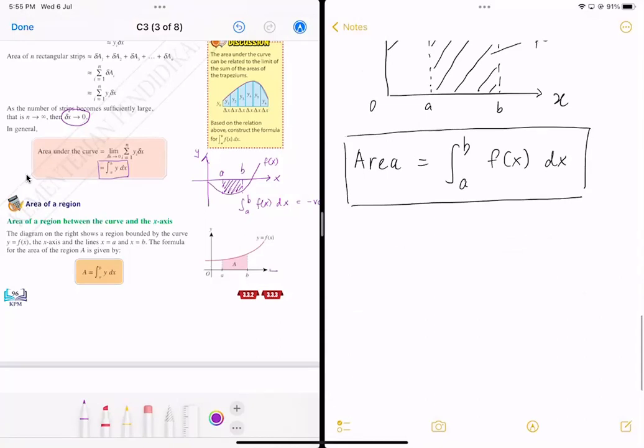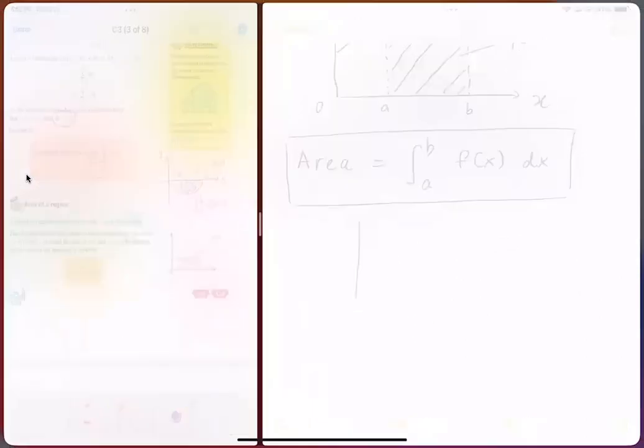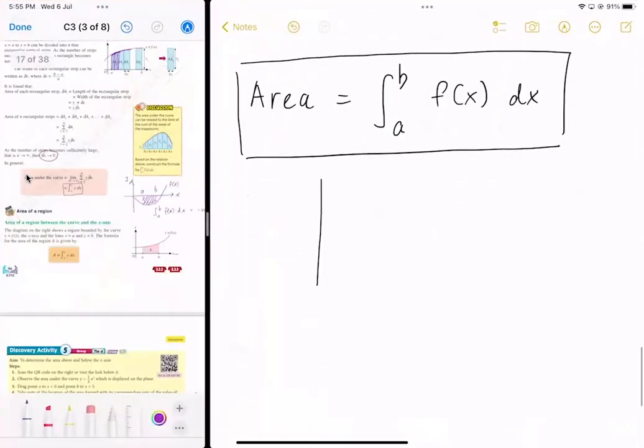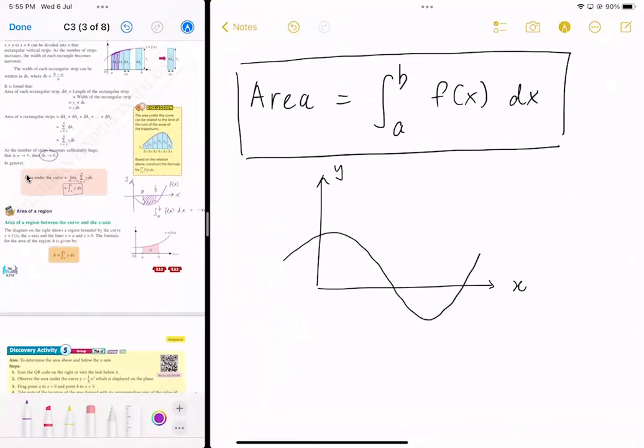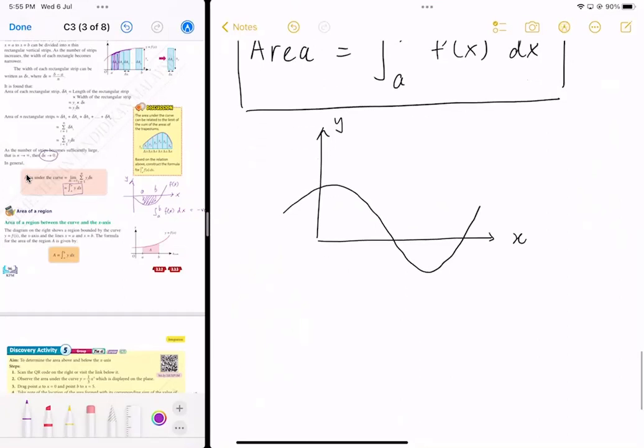Let's see if my curve looks like this. This is my f(x). Now I want to find the area.